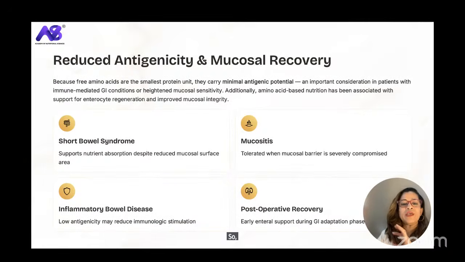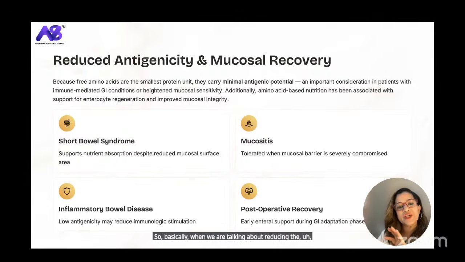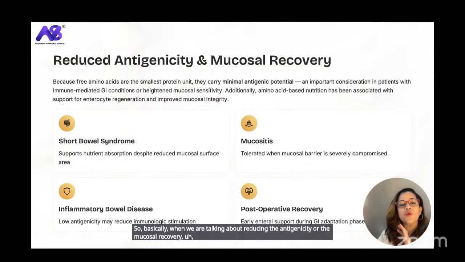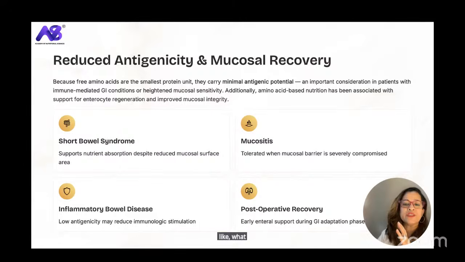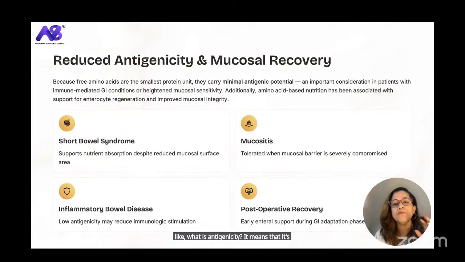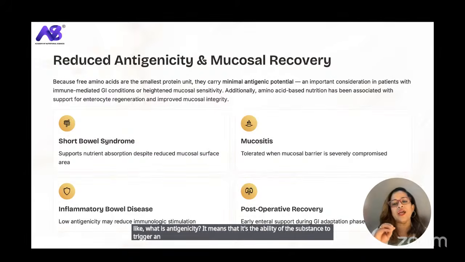So when we are talking about reducing antigenicity or mucosal recovery, what is antigenicity? It means the ability of a substance to trigger an immune reaction in the body.